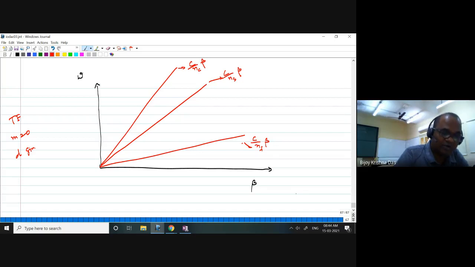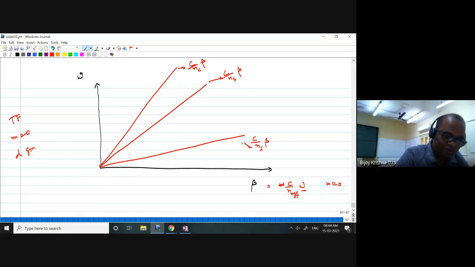You have to calculate n effective first for that omega, and then beta is omega times n effective by C. I have an omega value, and for that omega I calculate n effective, then I can calculate beta. Here I am considering m equal to 0, so I know my results will be between NS and NF.